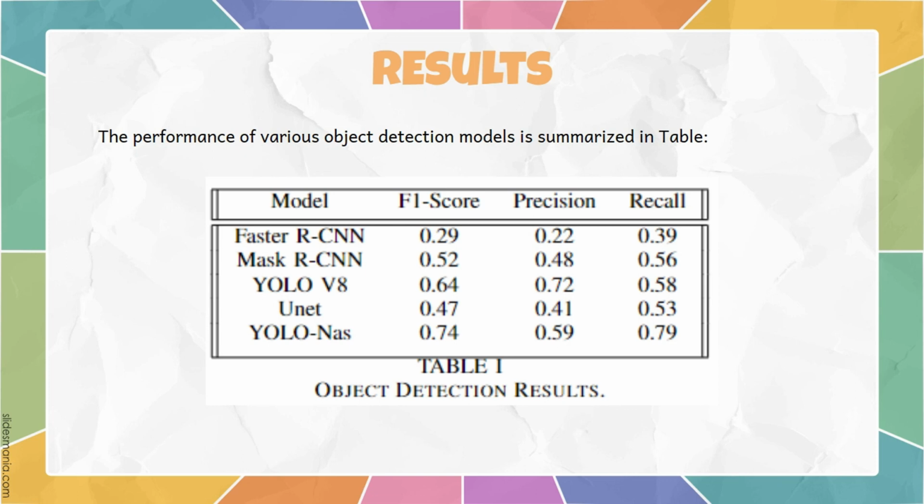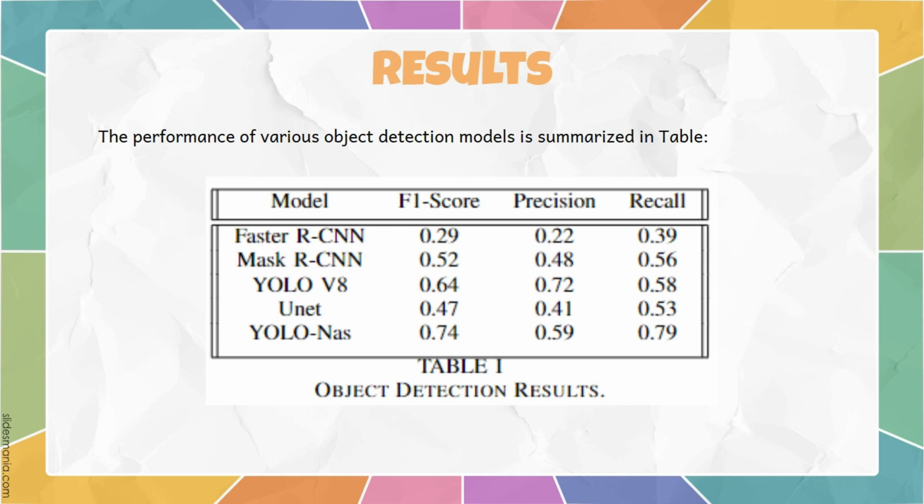Meanwhile, the YOLO-NAS model, which incorporates a neural architecture search approach, demonstrated the best balance between precision and recall, leading to the highest F1 score of 0.74 and the most considerable recall of 0.79. This indicates its superior ability to identify a broader range of high-risk architecture without significant sacrifice in precision.